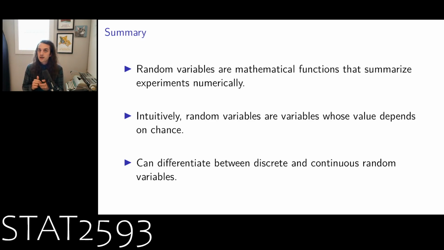They're mathematical functions which summarize the experiments by mapping them to numbers directly. Intuitively, we're thinking about random variables as depending on chance, and we can differentiate between discrete and continuous random variables. In the next lesson, we're going to continue our investigation into random variables and the probabilities surrounding them, and I hope to see you all there.